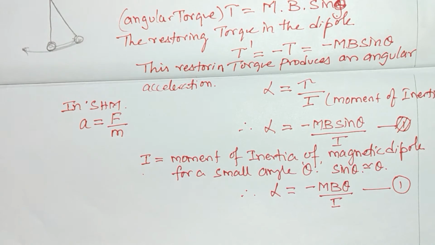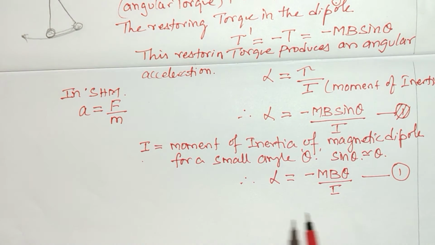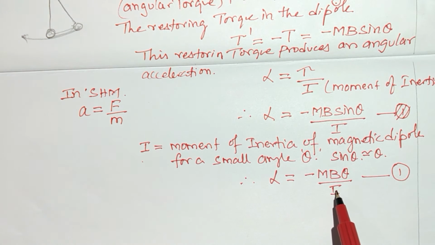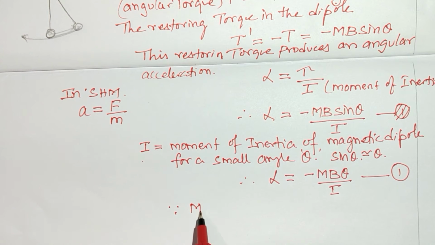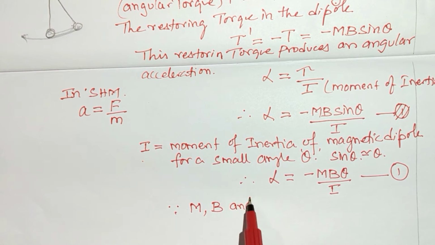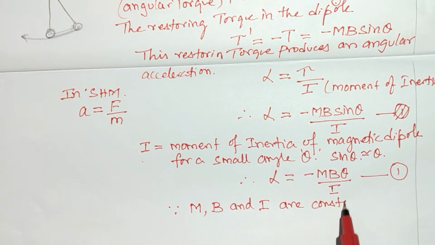Since in the magnetic compass that we have taken the magnetic moment is constant, the field in which we have placed it is also constant, and the moment of inertia of that magnetic dipole is also constant, these three quantities, the magnetic moment, the magnetic field strength and the moment of inertia, are constants.